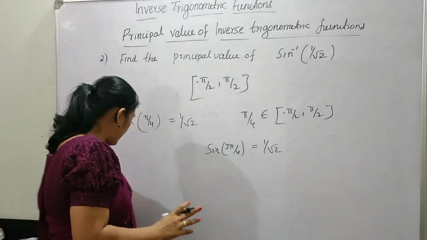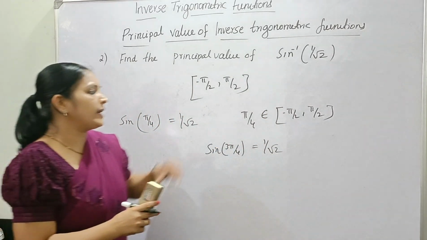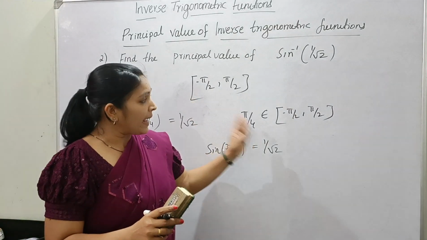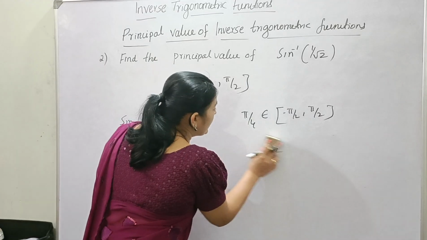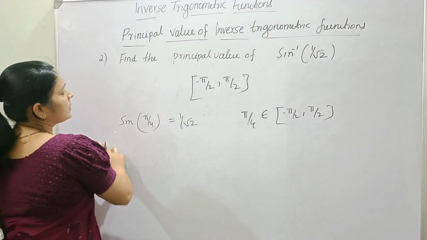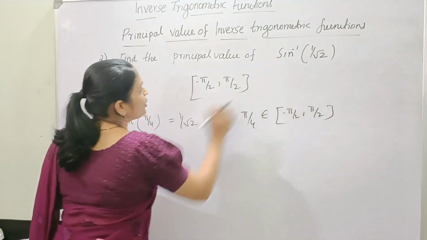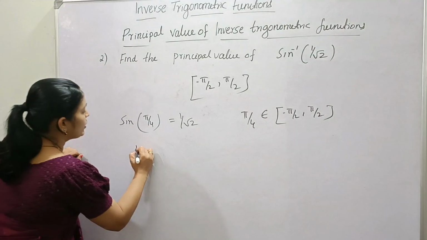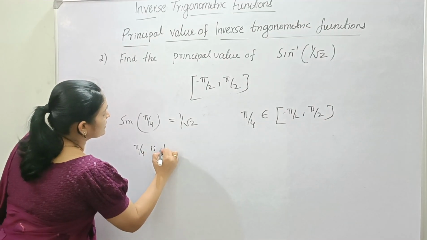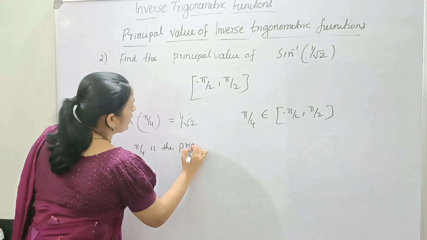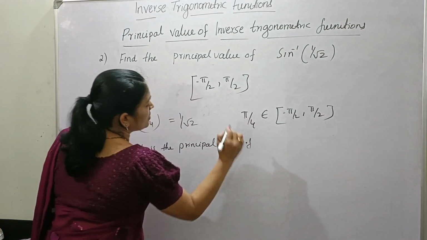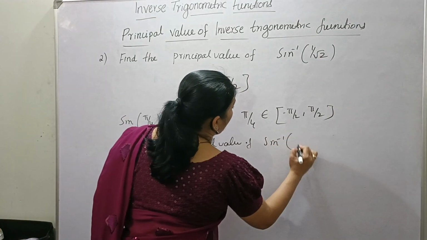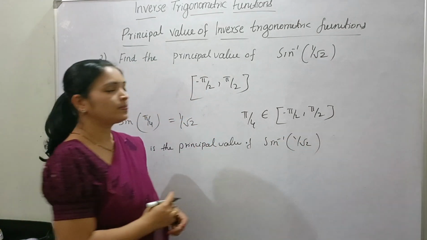So principal value means that angle, that value should lie in the principal value branch. So here pi by 4 is the principal value of sine inverse 1 by root 2.